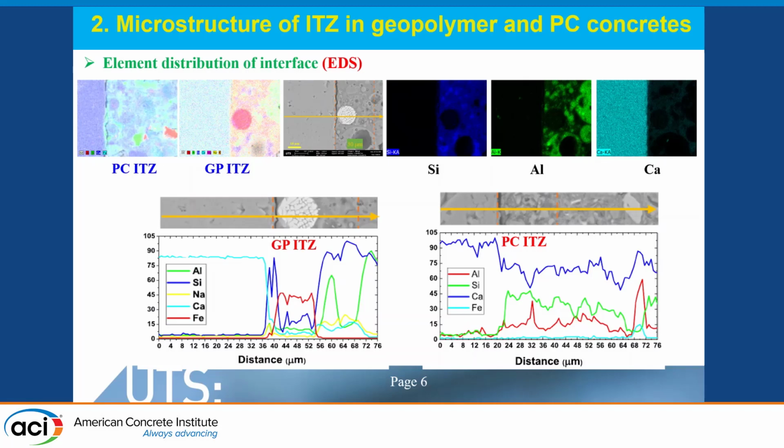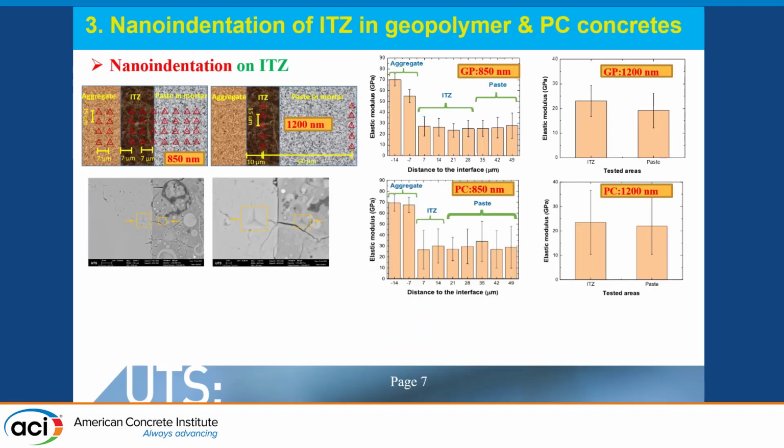But when you look at this interface, you see the difference. You clearly see they have the interfacial transition zone. And when we do the nanoindentation mapping, you can see this difference, with the mapped spots measured by nanoindentation.